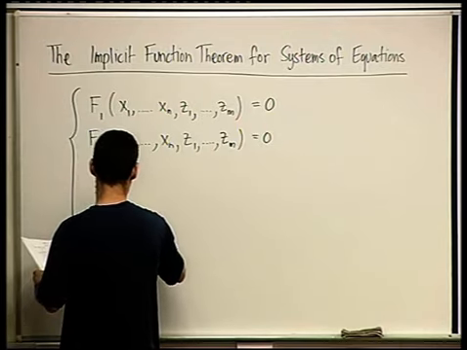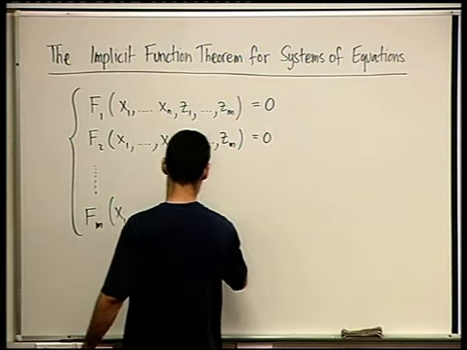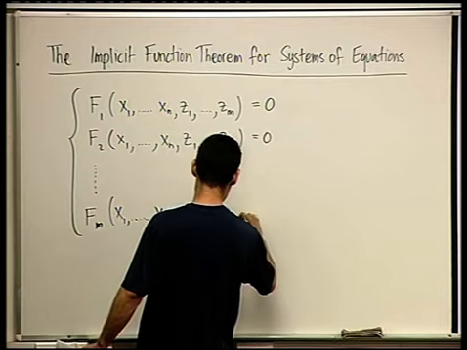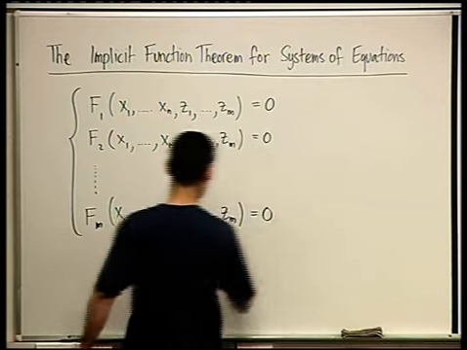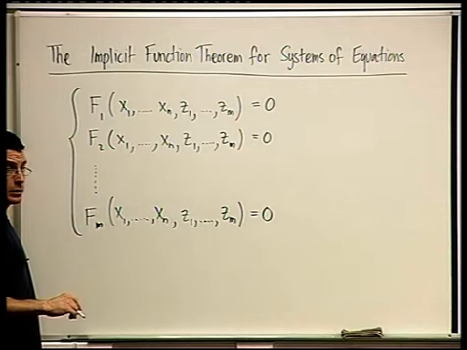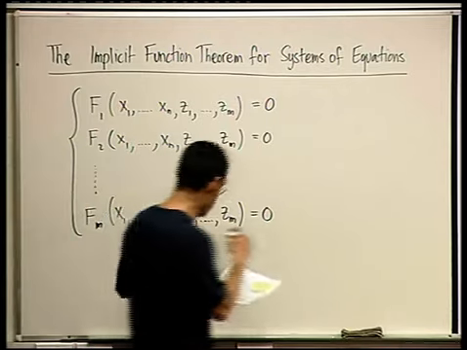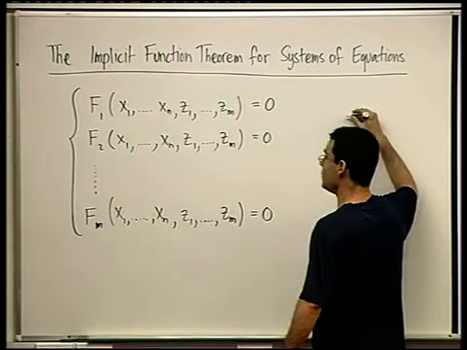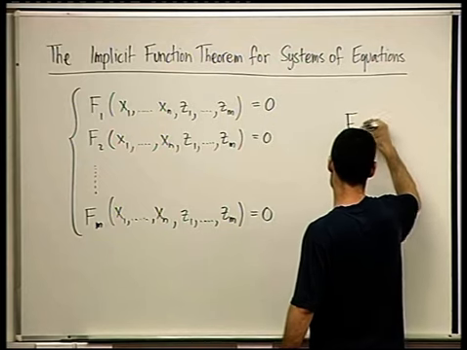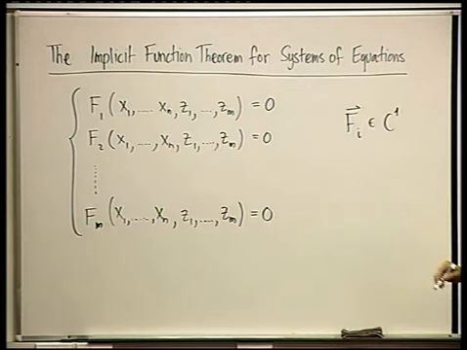So here's a system of m relations or equations involving n plus m variables. I'm of course assuming that all these f's are C1, everything is nice and smooth.